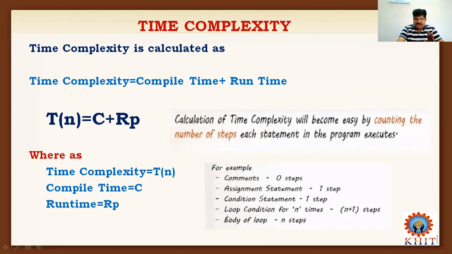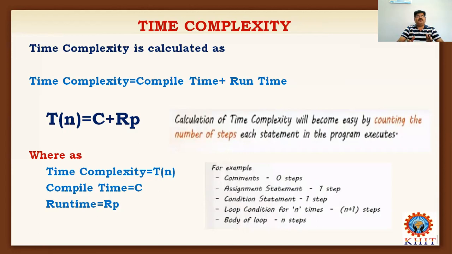Whereas the body of a loop will take n parts, and the loop condition will take n plus 1 parts. Loop conditions, for example a for loop: for i equal to 0, i less than n, i plus plus; in terms of algorithm, for i equal to 1 to n. How many times is the line executed?